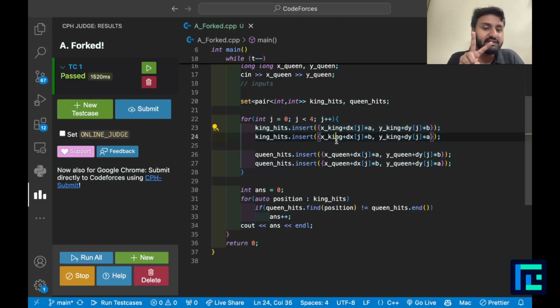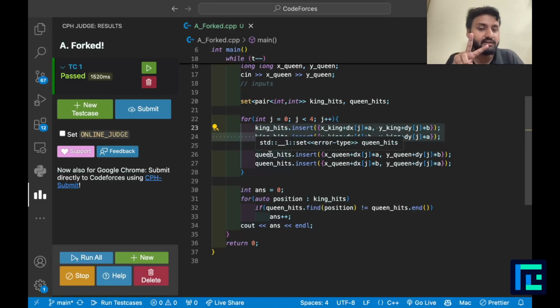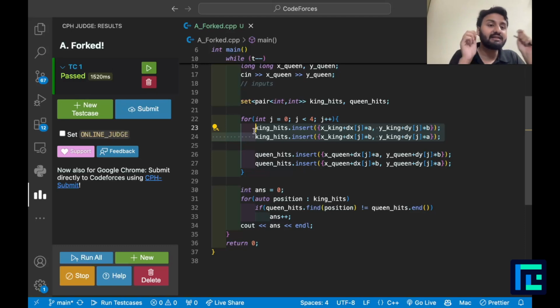Once this runs in one iteration, I get one quadrant, then another time another quadrant, then another, then another. So I'm able to cover 4 quadrants. For every quadrant I cover 2 points, effectively giving me 8 cells or 8 points that are inserted in this king hits set.